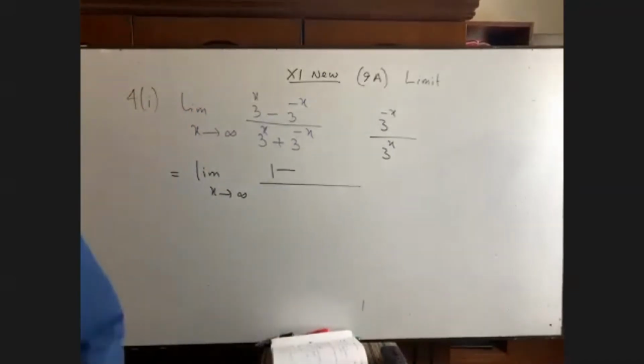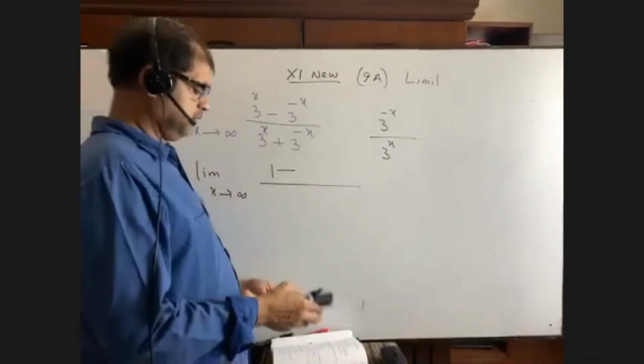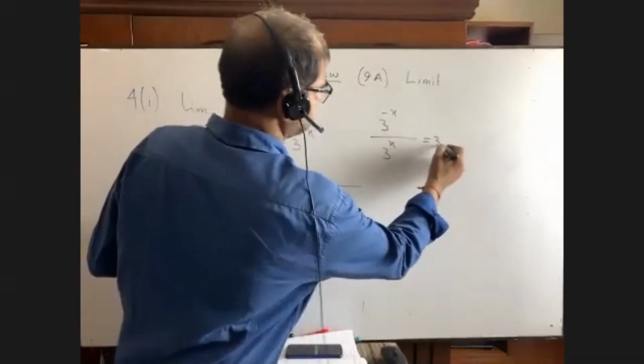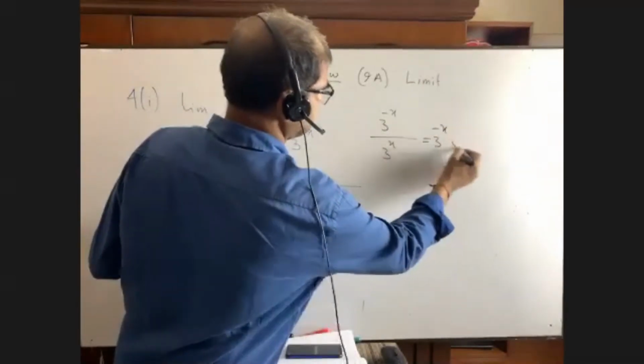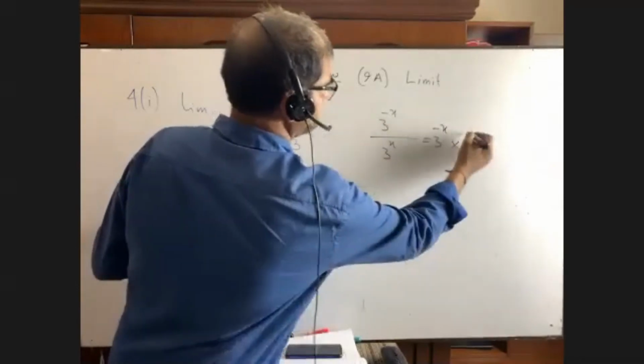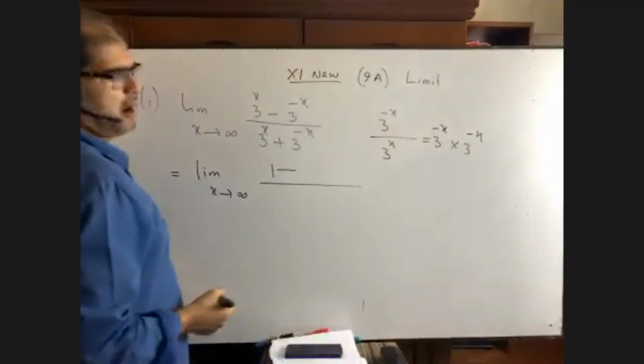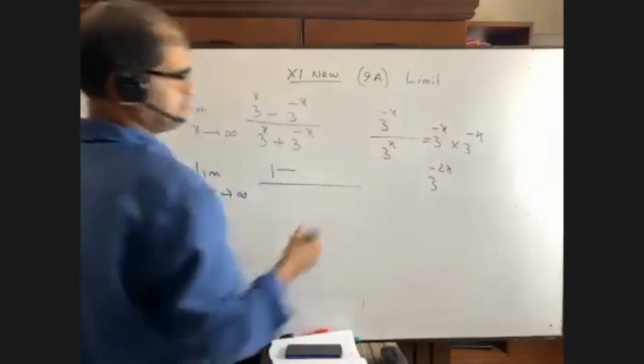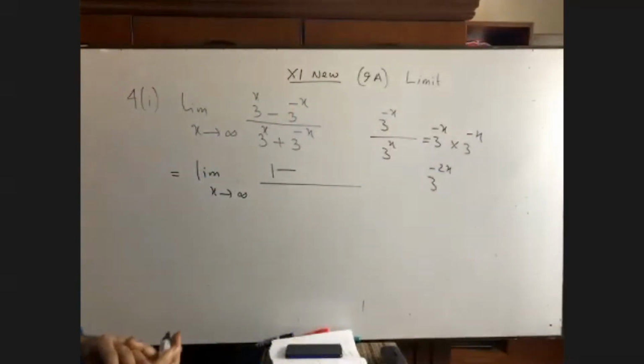It is 3 to the power minus x into 3 to the power minus x, that means it is 3 to the power minus 2x. Who is there not to get?